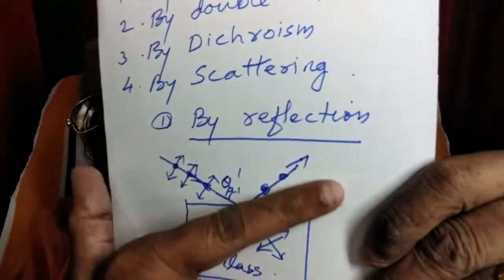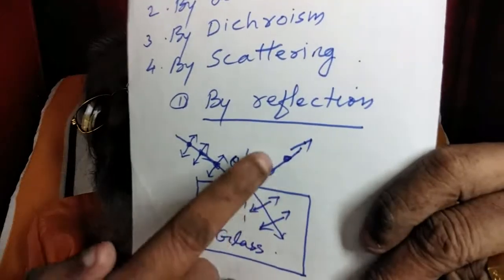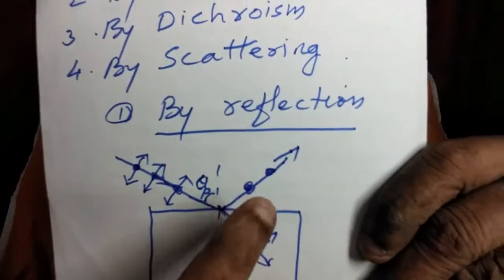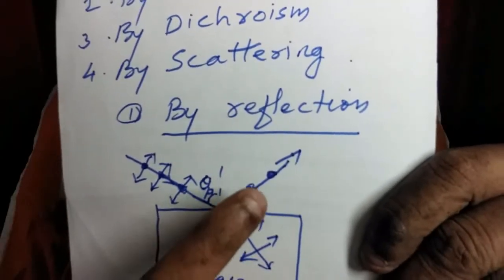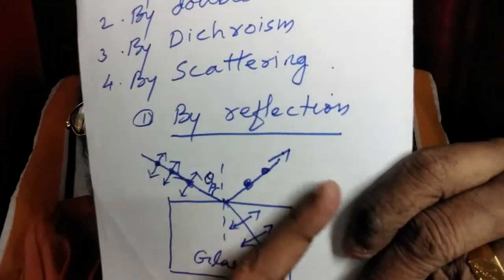A plane perpendicular to the plane of vibration is called plane of polarization. I have said it earlier. So here the plane of polarization is the plane of incidence, because vibrations are perpendicular to the plane of the paper or plane of incidence.